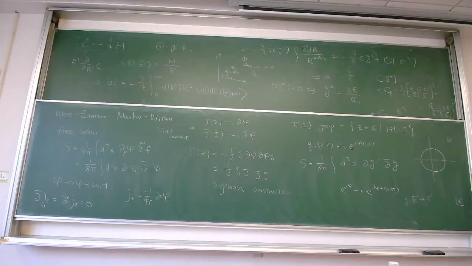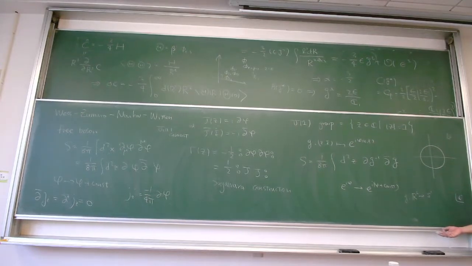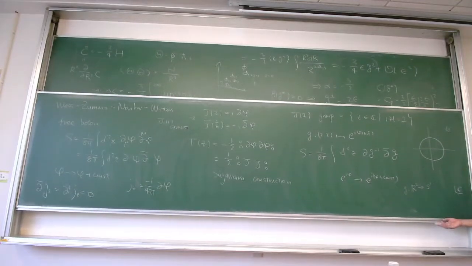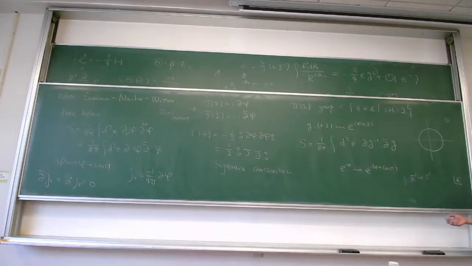Phi is just an angle. Phi is just the angle of the point.